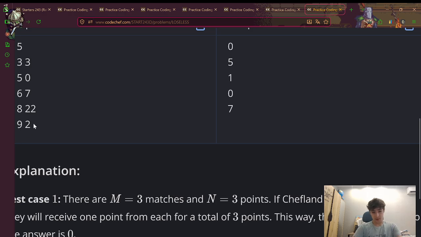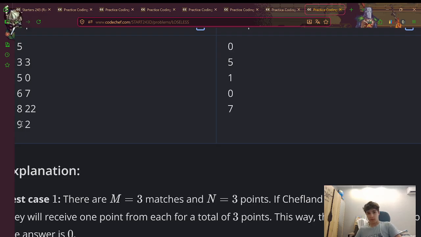So okay, I analyzed all of them. Take 9 and 2. So I got 9 and 2, and it means that I played 9 matches and I got 2 score.